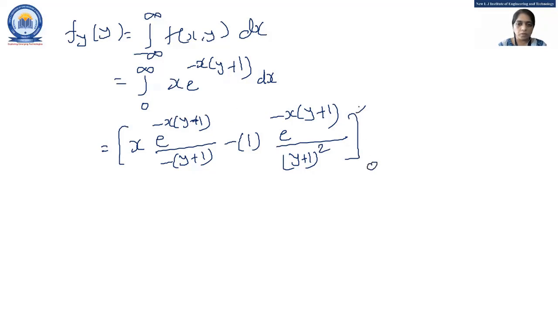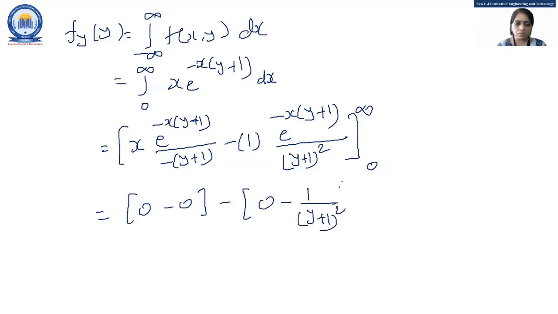So if I put infinity, both first terms are 0 because e to the power minus infinity is 0. And if I put 0 in place of x, so here x is 0, so 0 into anything is 0. So only the last term is there. So here 0 minus 0 minus, if I put 0, e to the power minus 0 is 1. 1 upon (y plus 1) whole square, right?